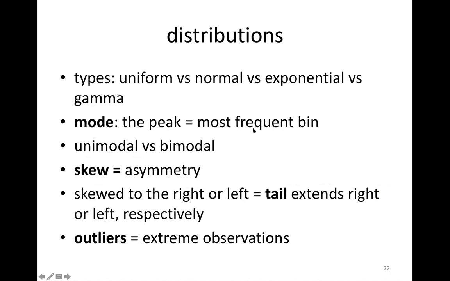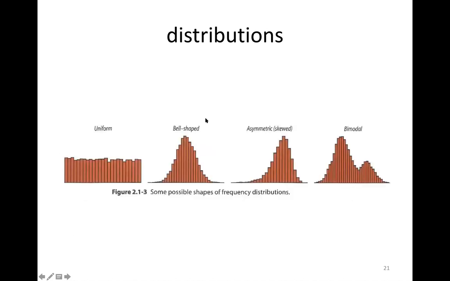Okay. So distributions can be of different types. We'll learn some of them, uniform and normal. We will learn exponential and gamma. We won't learn all of them, but there are many types, which are also described by mathematical functions, as we touched upon in the previous chapter. The mode of a distribution is the peak, the most frequent bin.